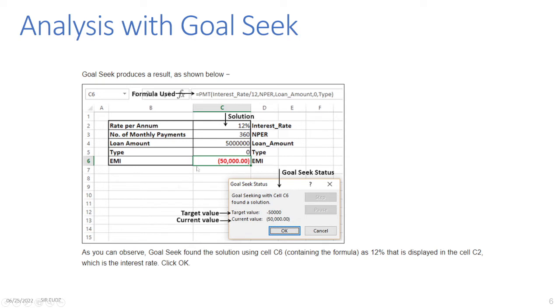As you can observe, Goal Seek found the solution using cell C6, containing the formula, as 12% that is displayed in cell C2. So this is the solution, which is the interest rate. So if you want to pay 50,000 monthly for 25 years, the interest rate will be 12%.